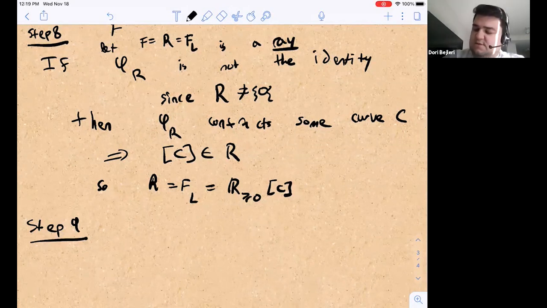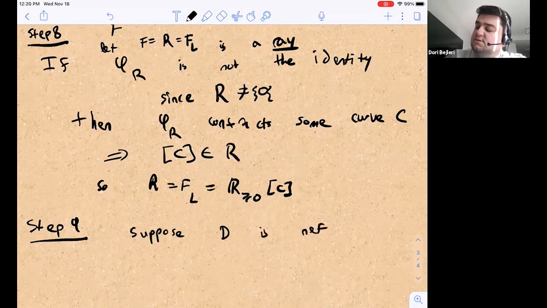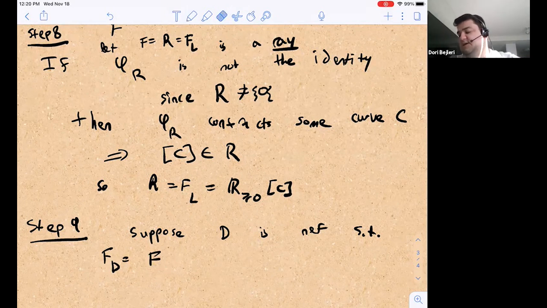So first we start with some D that's nef, such that the corresponding face is our given F. Then what do we know about this D? Then this D satisfies the assumptions of the base point free theorem, just like before.